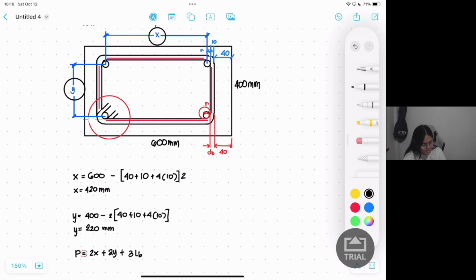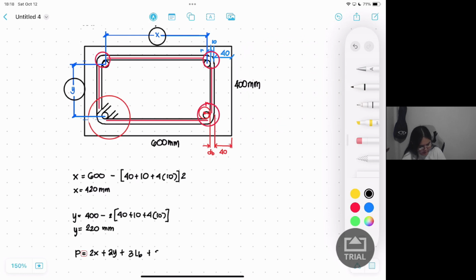Okay? So, saan yan? Ito siya. So, 1, 2, and then 3. So, meron tayong tatlong 90 degrees. And then, lastly, meron tayong 135 degree. Yang malaking circle dyan. Okay?